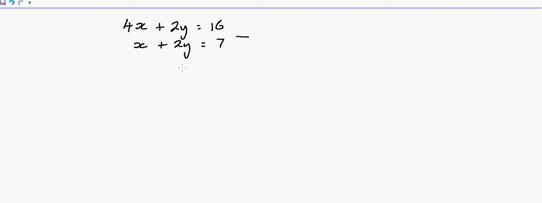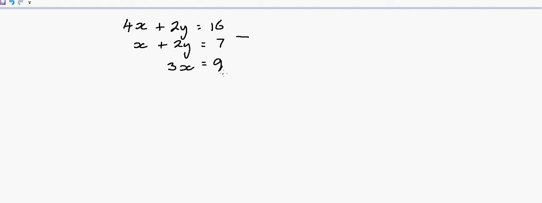It is of no use to anybody. So 4x take away x is 3x. 2y take away 2y disappears. 16 take away 7 is 9. Make sure that you remember to take the numbers away as well.